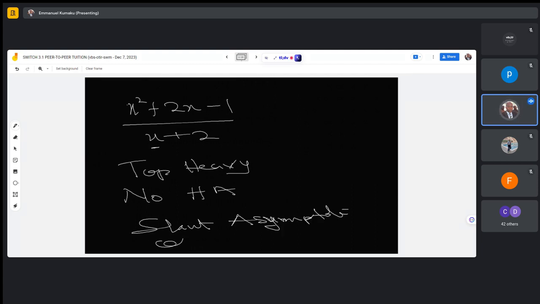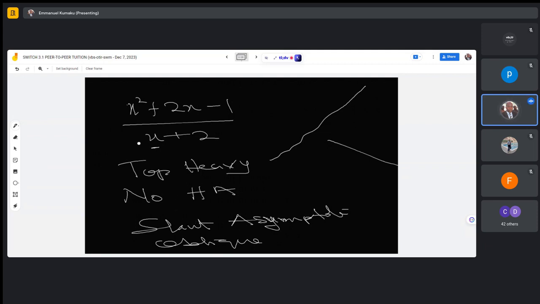Or otherwise, some people say oblique asymptote. There's going to be a diagonal line moving this way or that way as your asymptote. That is when the degree of the top is just bigger than the bottom by 1. In that situation, no horizontal asymptote, but we'll have what? A slant or oblique asymptote.